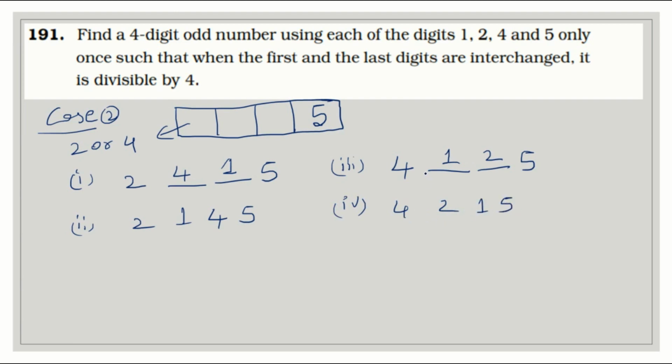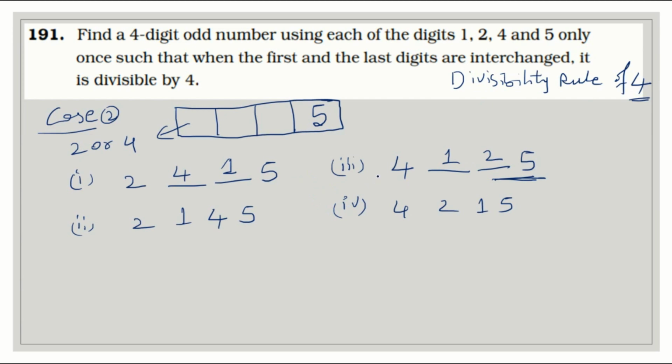See students, the divisibility rule of 4 says that the last 2 digits, that is the tens place and units place, should be divisible by 4, so that the whole number is divisible by 4.